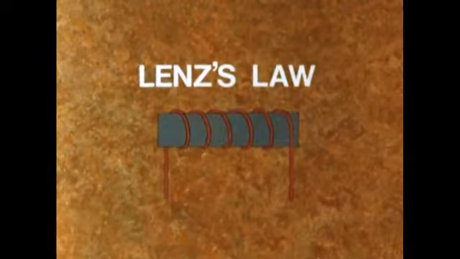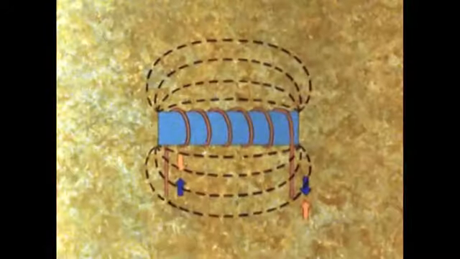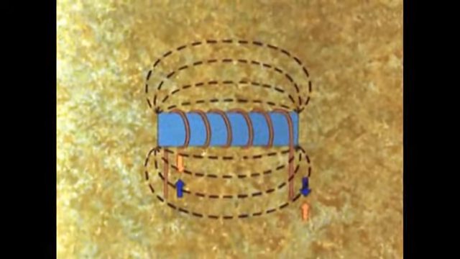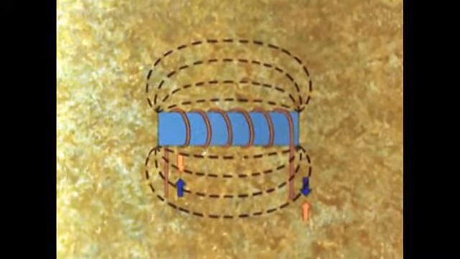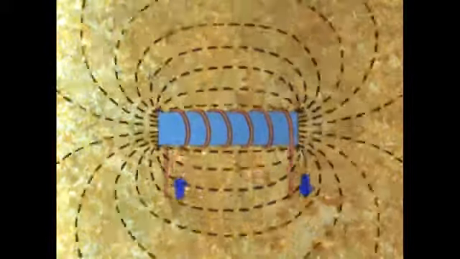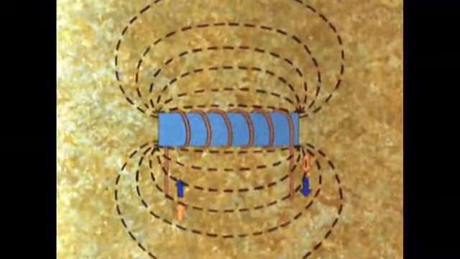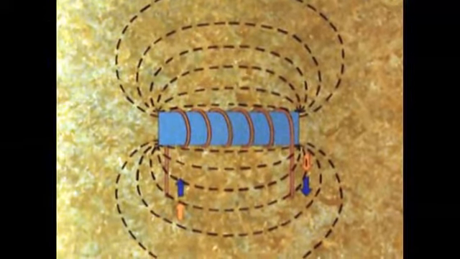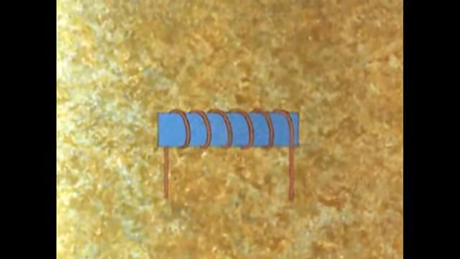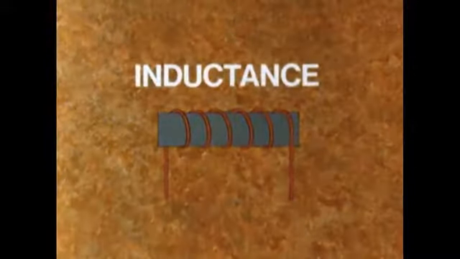In general, Lenz's law says that as current increases in a coil, an e.m.f is induced which opposes the increase. And when the current decreases, the induced e.m.f tries to keep it going. This property of a coil to oppose change is called inductance.